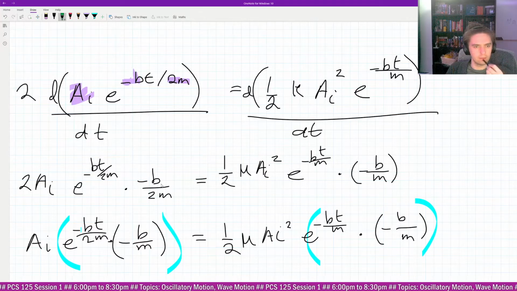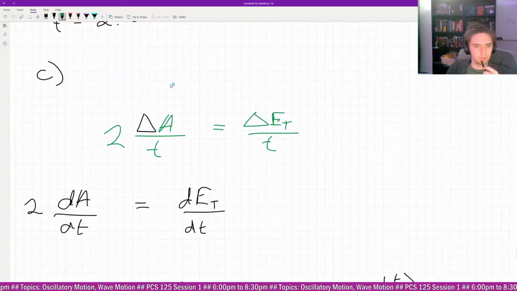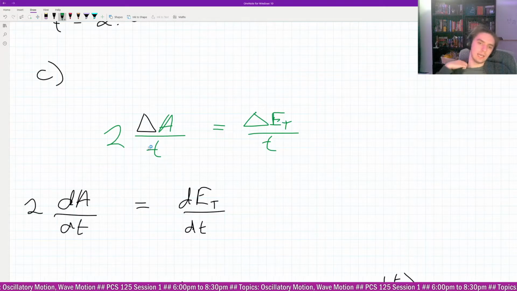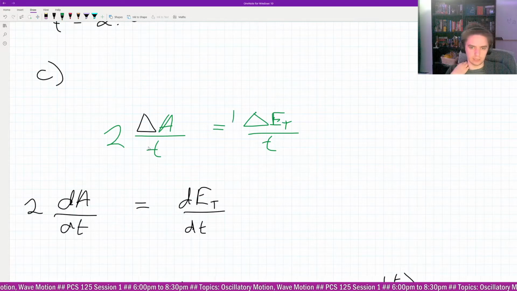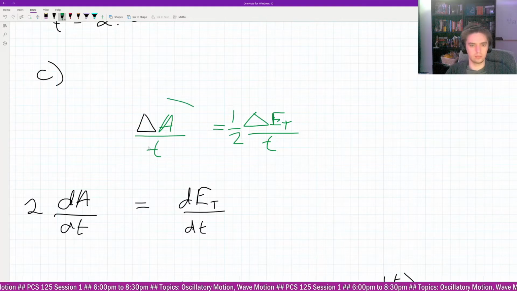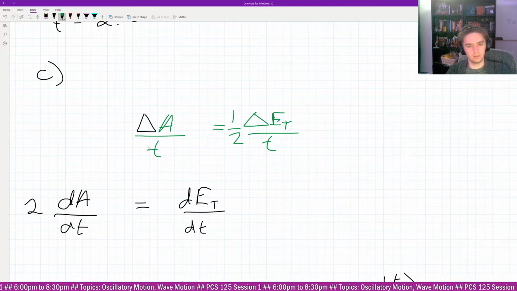Are you sure that it's going to be 2 times our amplitude? 2 times this? Yeah, well, it's essentially this. So this is half of this. But that's equivalent.